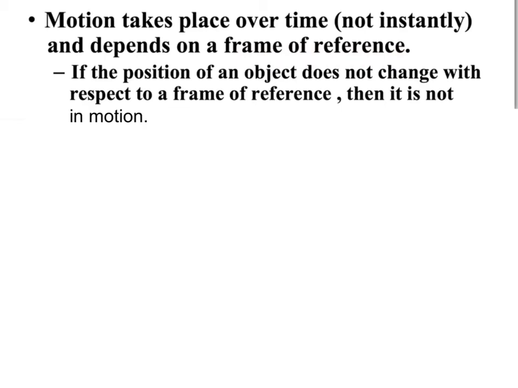But I want to point out something, okay? If the position of an object does not change with respect to a frame of reference, then it is not in motion. So what does that mean? Okay? So to understand this idea, I want you to think about, say you are in a van, okay? So here's our van.